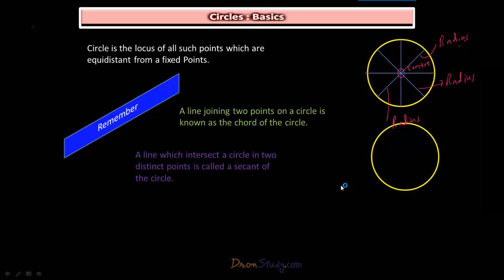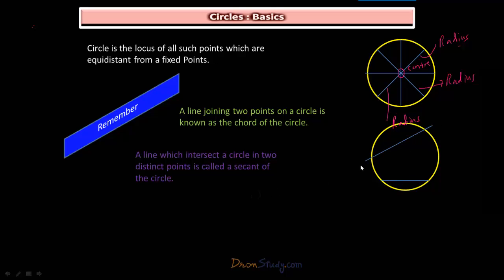This is a circle, and this line segment is joining the 2 points on the circle, and therefore this line segment is called the chord of the circle.